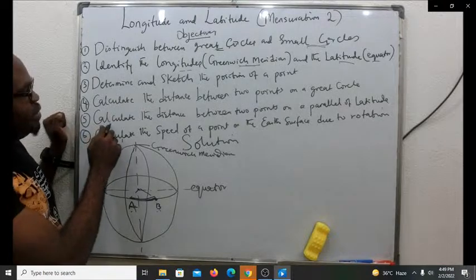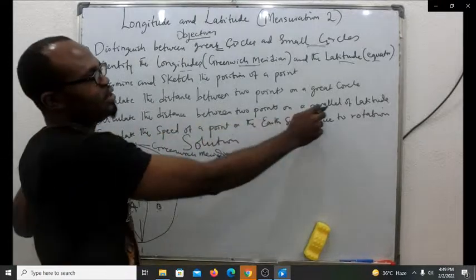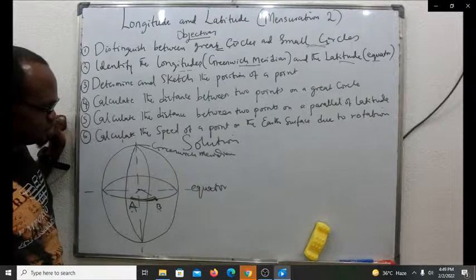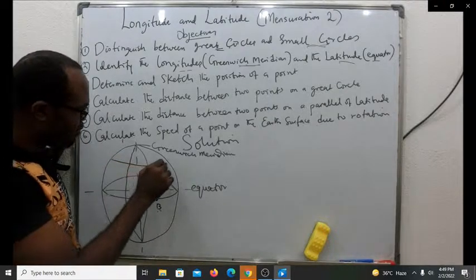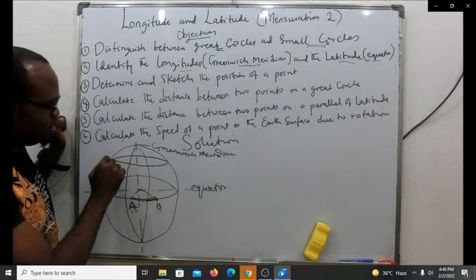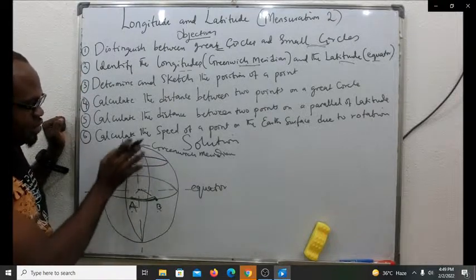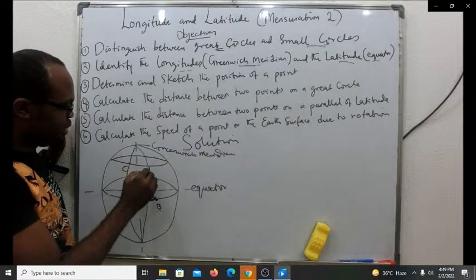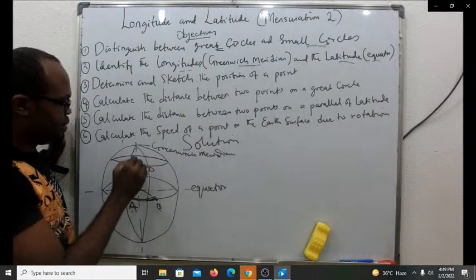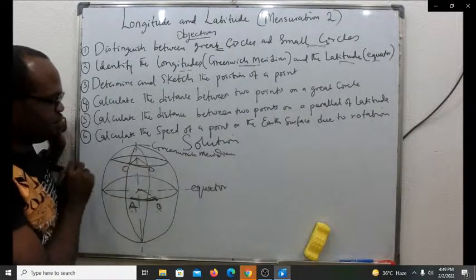You should also be able to calculate the distance between 2 points on the parallel of a latitude. So if you also have another latitude here, which is a small circle because it's not dividing the earth into two equal parts, you can also calculate the distance between C and D. So we can always do this calculation.